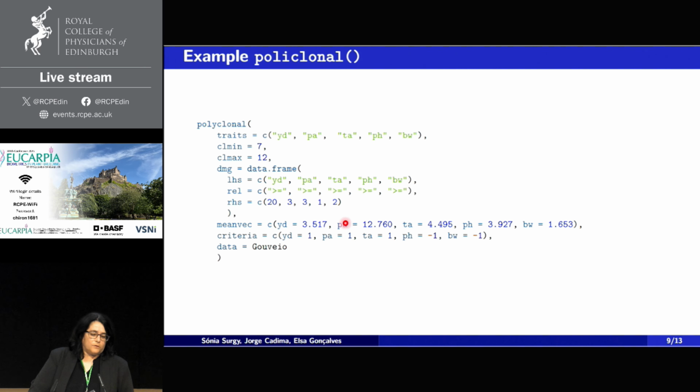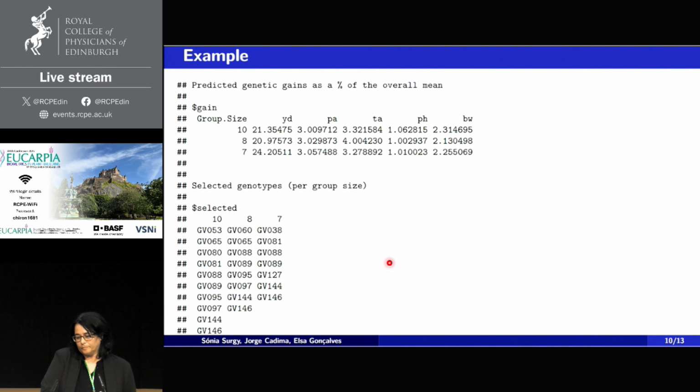The mean vector is to indicate the means of the several traits, and the criteria we ask for 1 if we want to increase and -1 if we want to decrease.